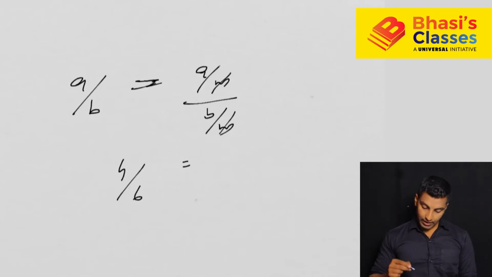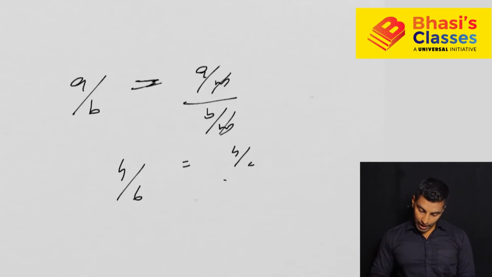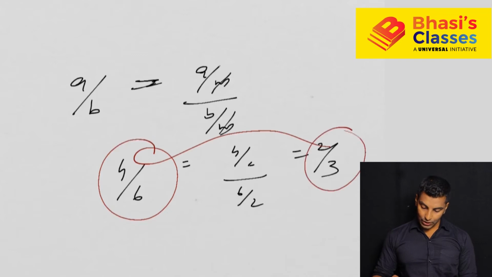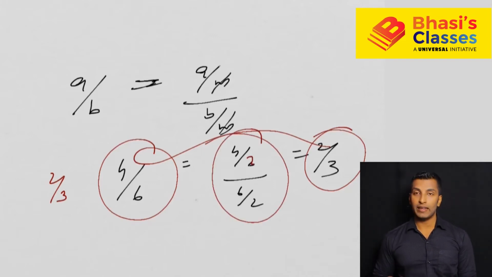Now you divide numerator and denominator with 2, so 4 by 2 and 6 by 2. What you get is 2 by 3. So these two are actually the same. 4 by 6 is nothing but 2 by 3 itself. So when you divide the numerator and the denominator with the same number, the ratio remains unchanged.